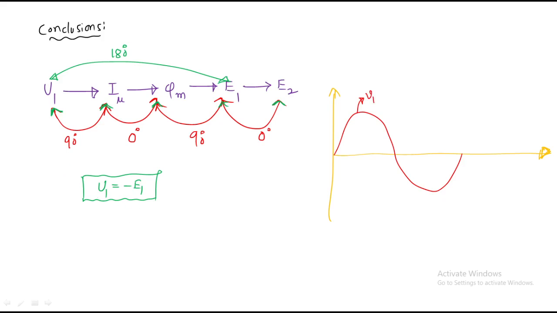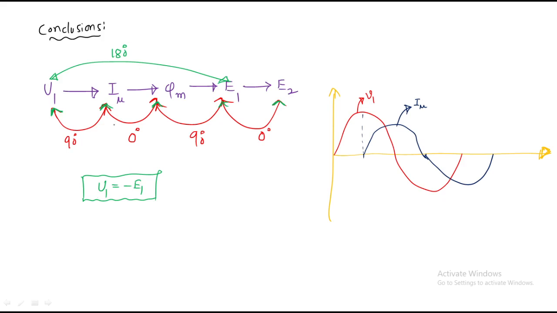Okay, next after getting supply voltage, after 90 degrees of phase displacement, current is developed, that is current lags supply voltage by 90 degrees, right? This is the 90 degrees, right? Clear? This is current, this is I mu. Clear?